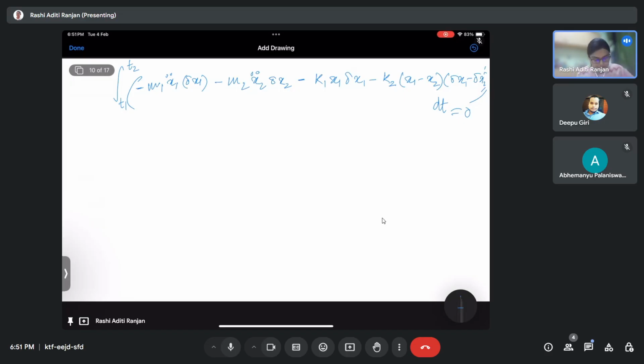So what will I get? I'll have again two things, t1 to t2 of this whole.